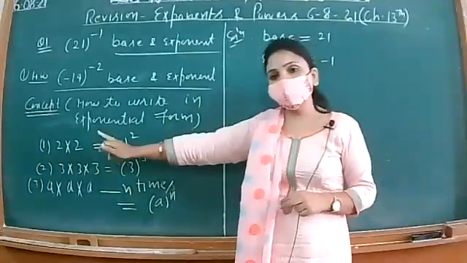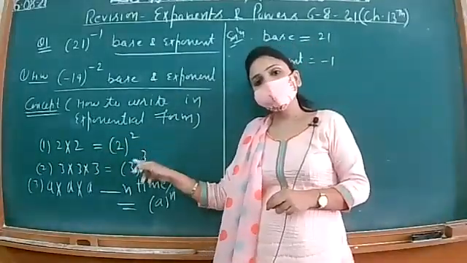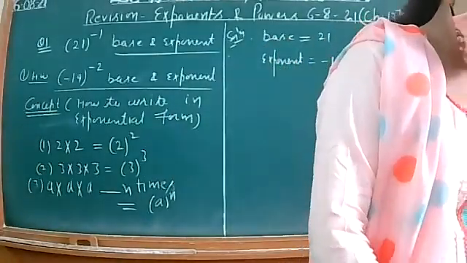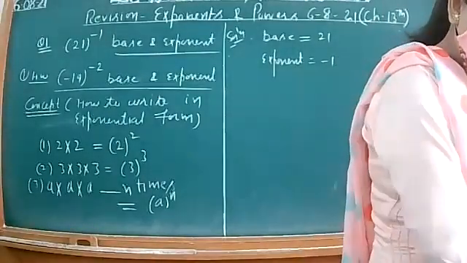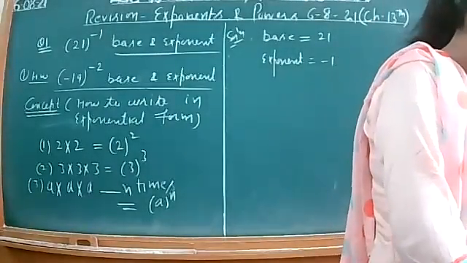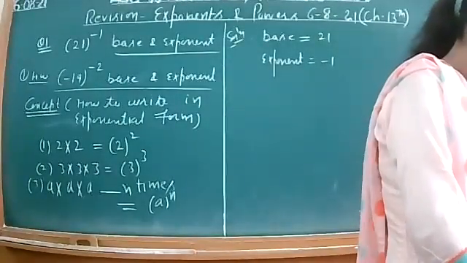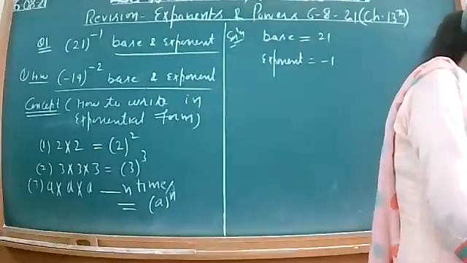That means the number will be broken, and then we will write it in terms of power. Right? This was our second concept. Let us do the question based on this concept, how to write a number in the exponential form.